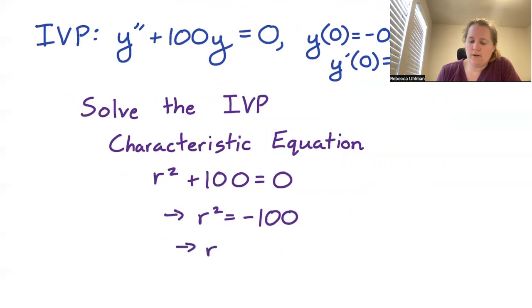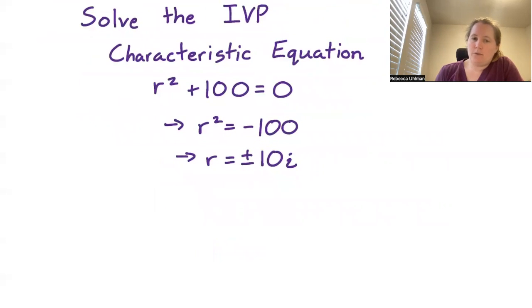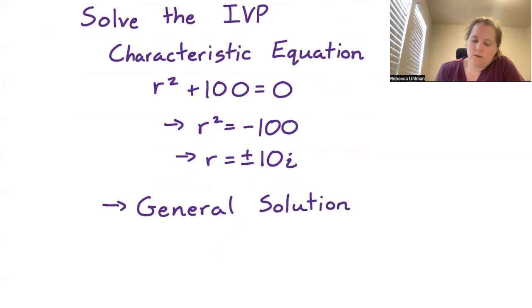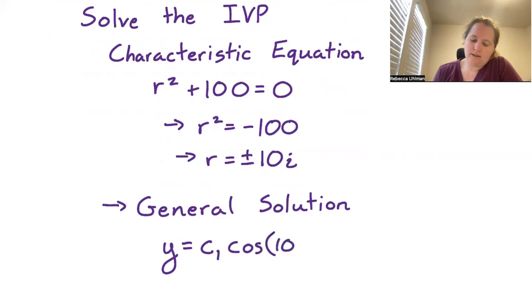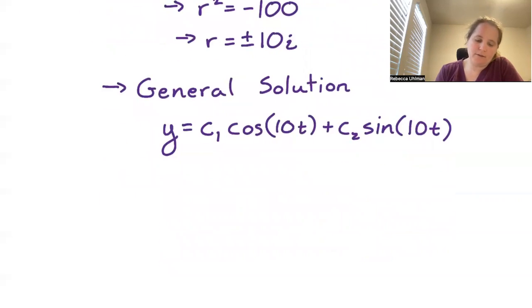And so we get that r is plus or minus 10i. So this means then that our general solution should take the form y is equal to C1 cosine of 10t plus C2 sine of 10t. And then we can plug in our initial conditions and solve.